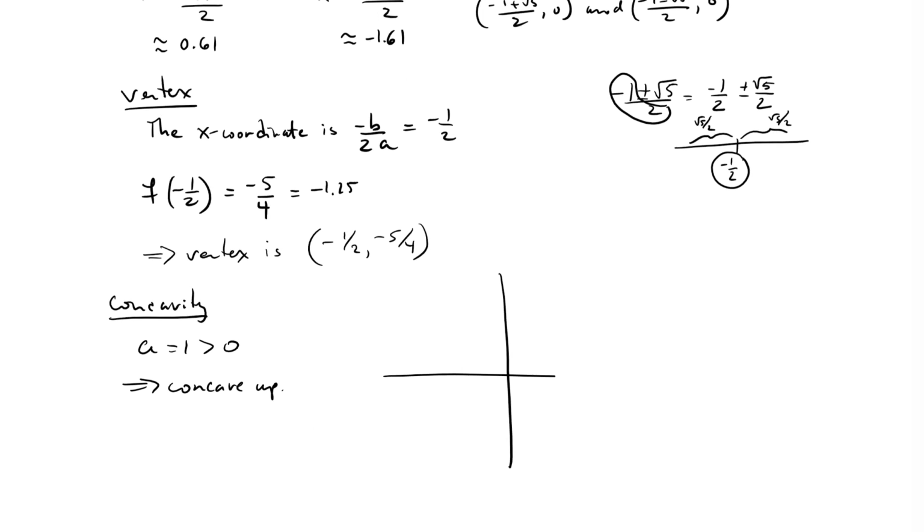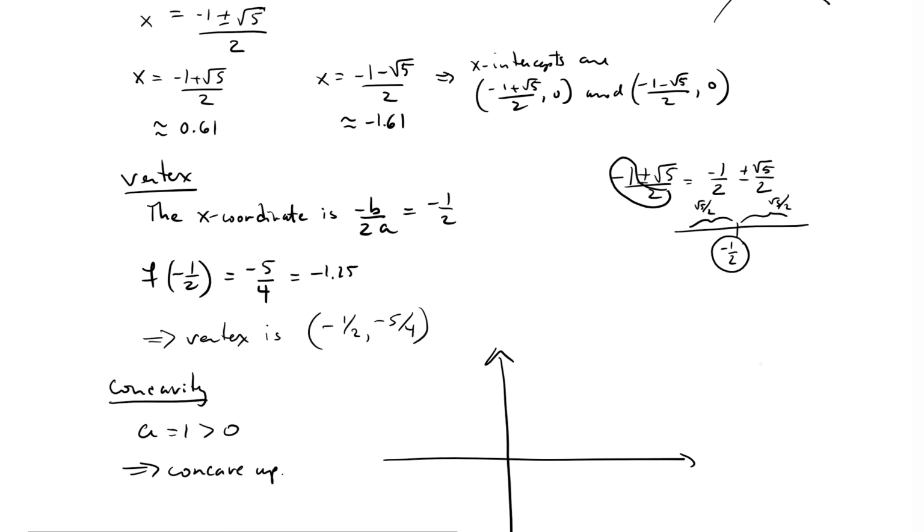Okay, so let's draw this. What do we need? The x-intercepts, this is what I look at first because I know the vertex is going to be in the middle. So I adjust for the scaling along the x-axis using the x-intercepts. So it's minus 1.61. I'm okay if I go by steps of 1 like that, maybe 1, 2 here. So one is at 0.61, roughly here.